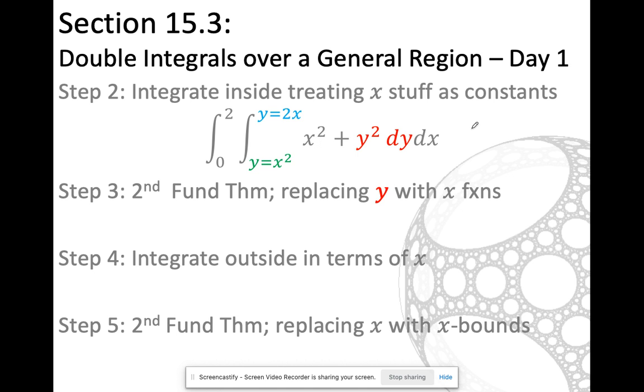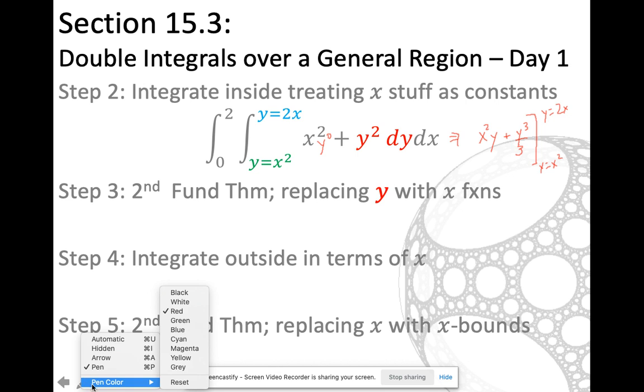That's going to be y, isn't it? Right? It's not 0. So integrating just the inside part, this is a constant, so it's going to be x squared y plus y cubed over 3. Right? Think of this as having a y to the 0. And I am going to evaluate that at y equals x squared and y equals 2x.